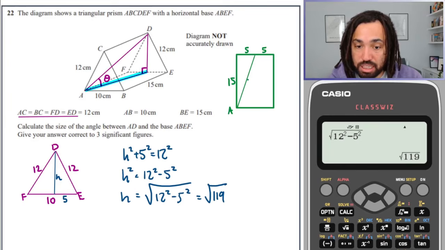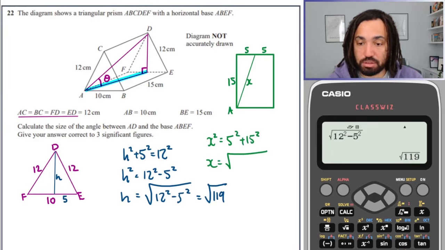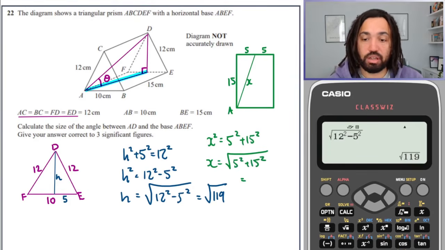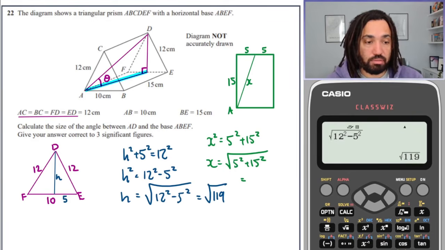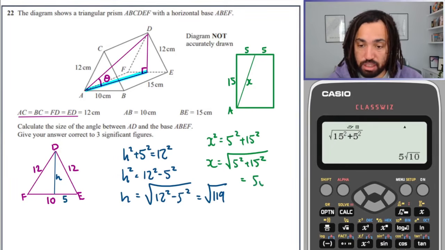So let's call this x. So that's the hypotenuse, so x squared is equal to 5 squared plus 15 squared. So x is equal to the square root of 5 squared plus 15 squared, which is 5 root 10, lovely.